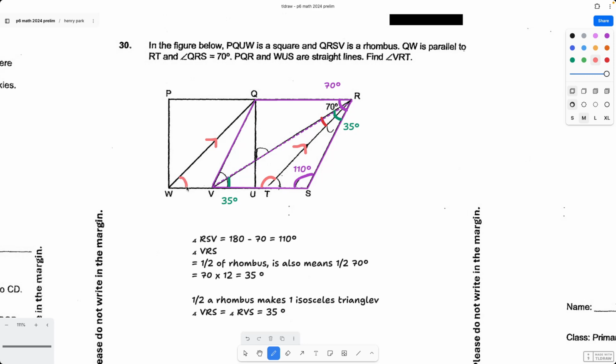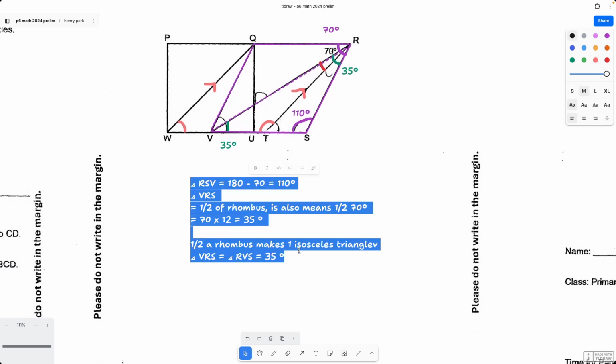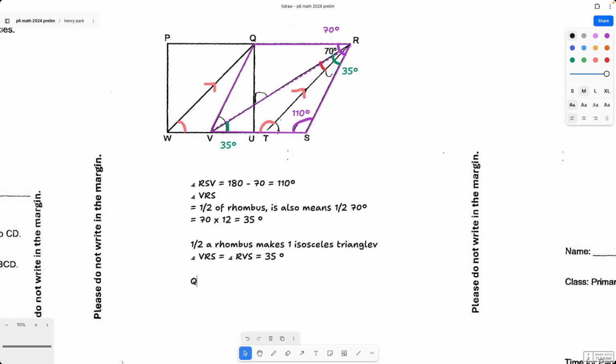This angle is half of the square over here. PQWU is a square.